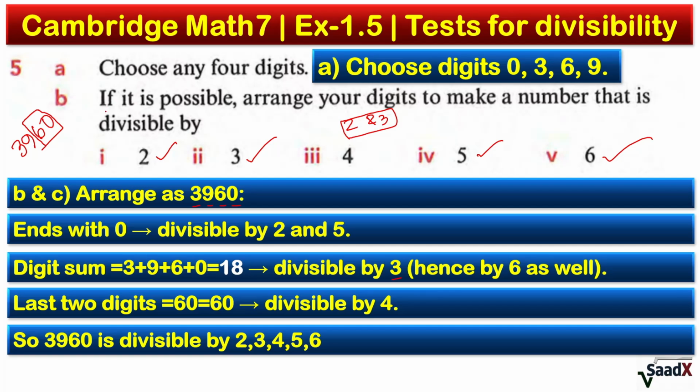Our question was to arrange the digits to make a number divisible by 2, 3, 4, 5, 6, so 3960 is an ideal example which is divisible by everything. So number 5 done.